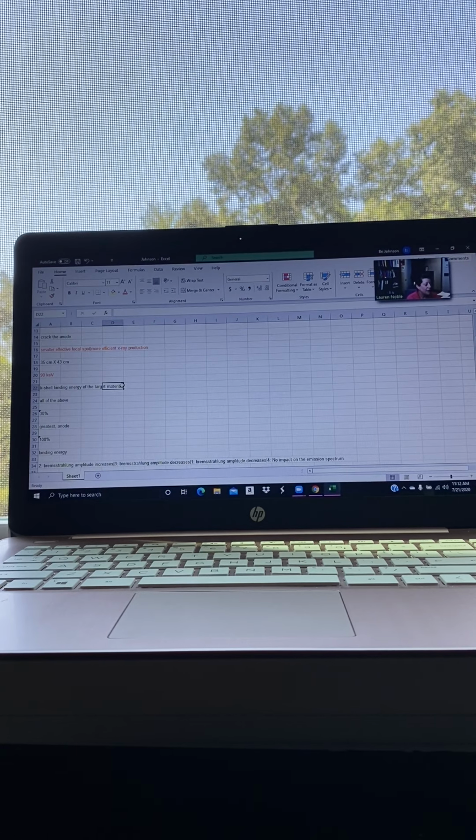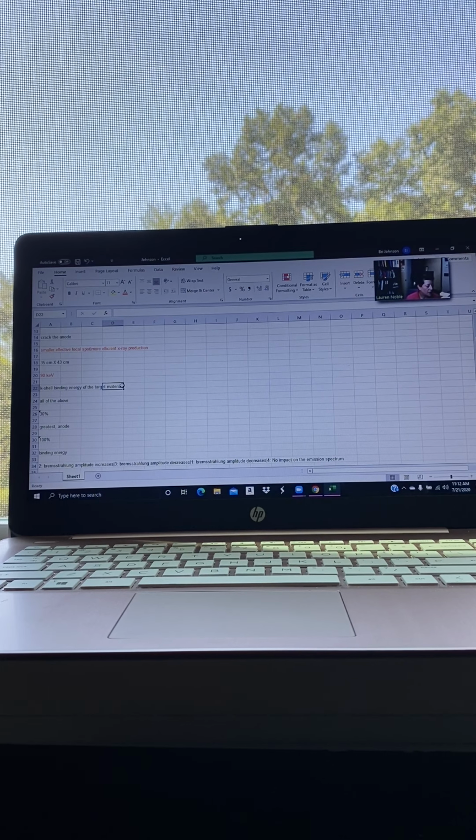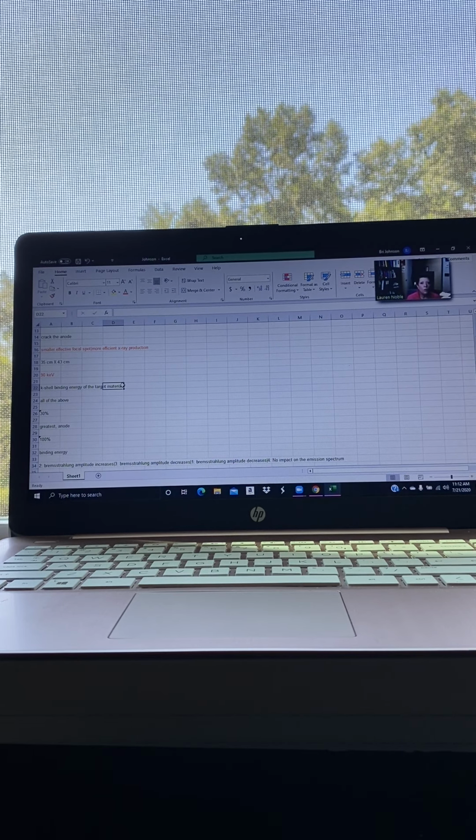The reason K-shell binding energy of the target material is not correct is because, remember, we always get Brem's X-rays. And their energy, Brem's X-rays, go from 1 keV up to whatever the kVp was that we set. So regardless of what kVp I'm at, I will always get Brem's, and the highest energy is always going to be equal to the kVp, which determines the kinetic energy of those electrons.